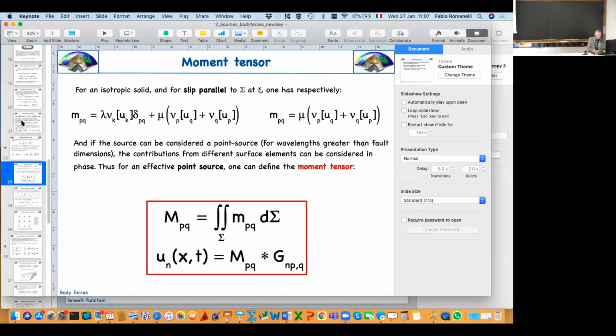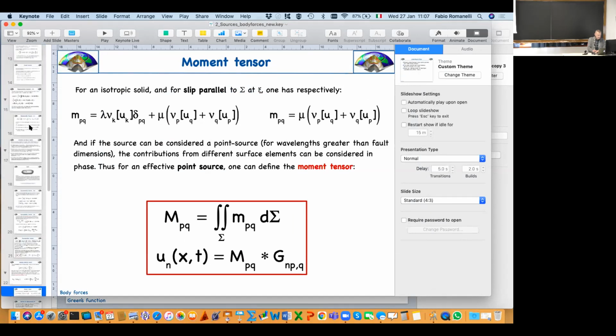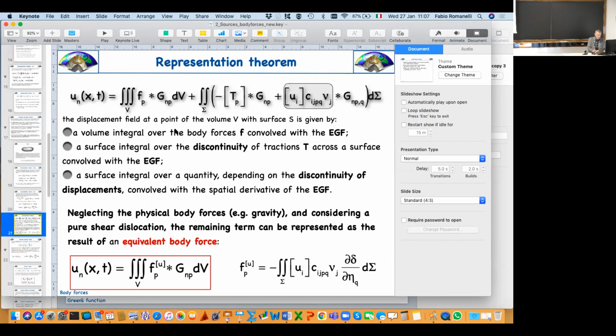Now, wait a second. Let's start from this expression here. The first term is related to real body forces. For example, you're looking at this table that I'm knocking, right? Let's imagine that we have to write the elastodynamic equations for this table.